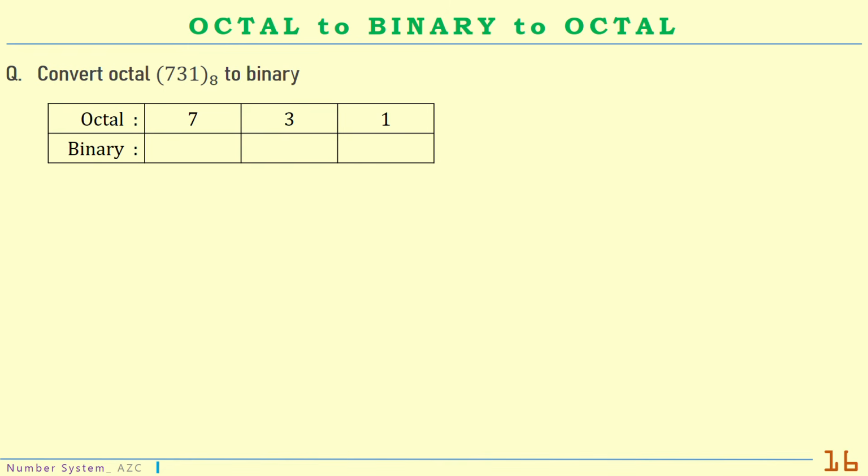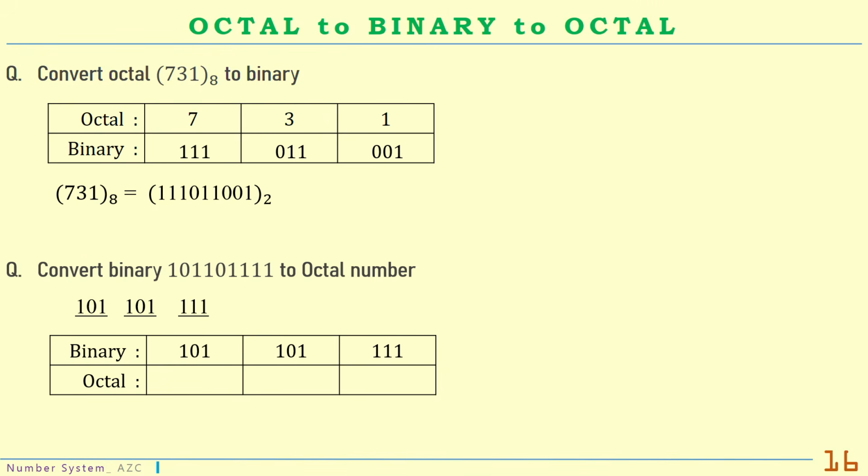For this, make a table separating octal digits and place binary digits related to each octal digit. For octal number 731, binary number is 111011001.